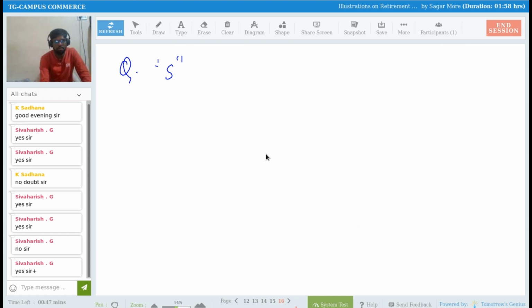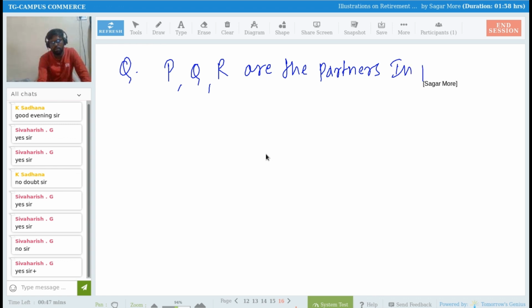P, Q, R are the partners in a partnership firm.